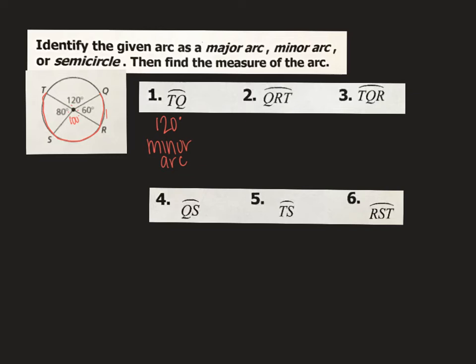So we could do 360 minus 120, or we can add the three pieces, the 60 degree arc, the 100 degree arc, and the 80 degree arc. Either way, we're going to have 240 degrees, which is more than 180, so it makes it a major arc.